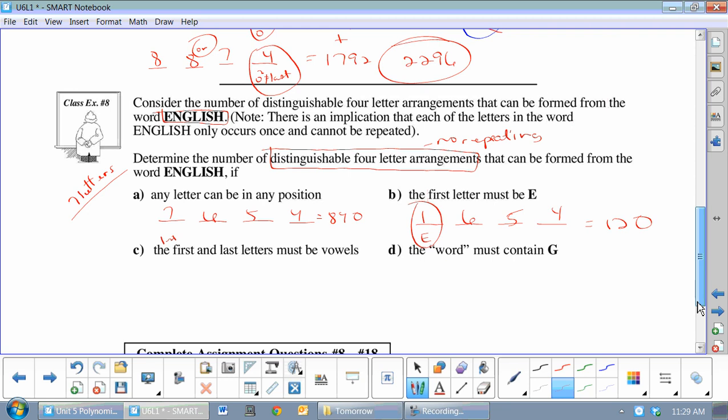You give me one letter, like say your combination lock, which is a permutation lock. If someone said, my first digit is a 3, you have decreased their odds greatly of guessing it. If you gave me the first and second combination, how many would I have to try to get into your locker?